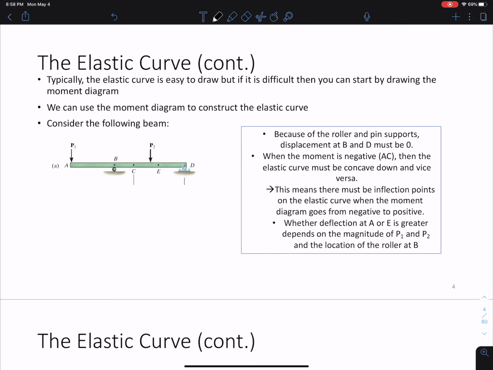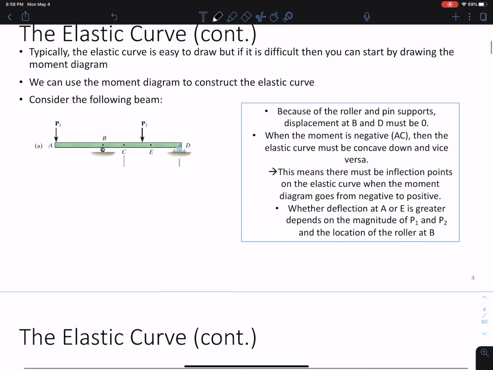Okay, so we have a beam here, and it has two loads placed on it, P1 and P2, and we have a roller and a pin. So let's say we're going to draw the moment diagram for this system. Okay, we'll have, of course, starting with 0 moment, ending with 0 moment, no moment applied here. Let's draw some vertical lines.